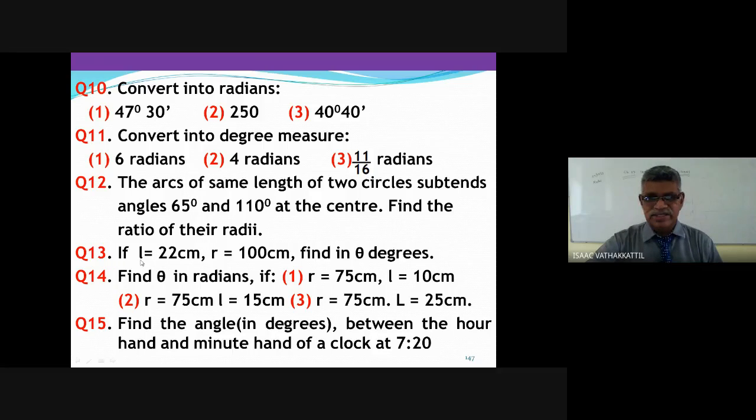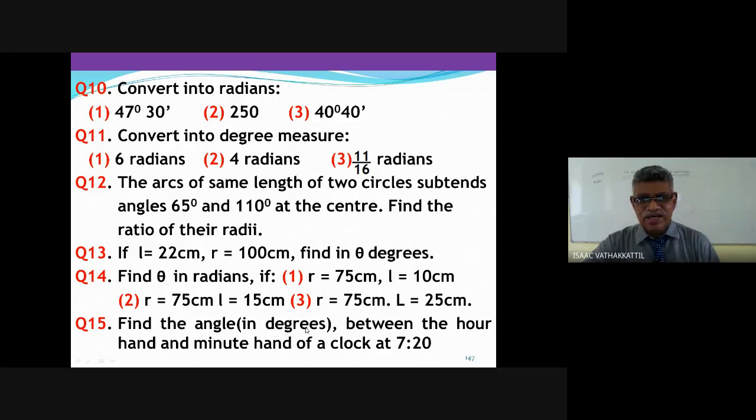You can apply the formula and get R1 by R2. Convert degrees to radians. Now question 13: L is equal to 22, R equal to 100, find theta in degrees. First you bring in radians, then in degrees. Question number 14, find theta in radians. R equal to 75, L equal to 10; R equal to 75, L equal to 15; R equal to 75, L equal to 25. But question number 15 is a challenge to you.